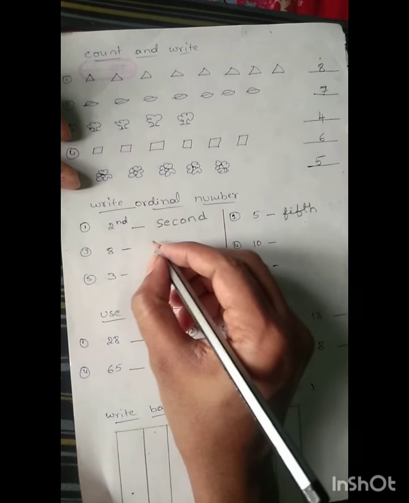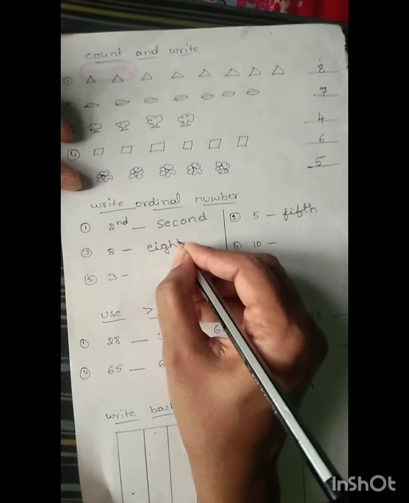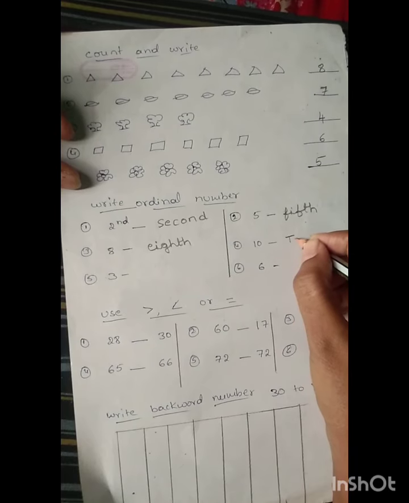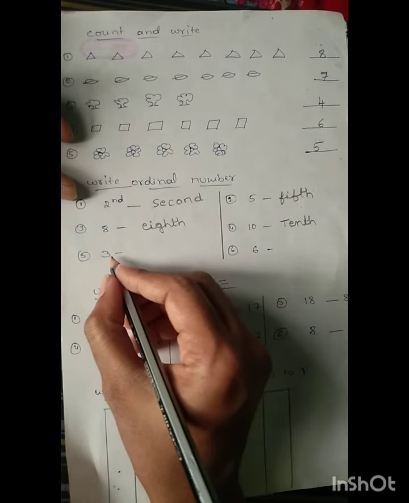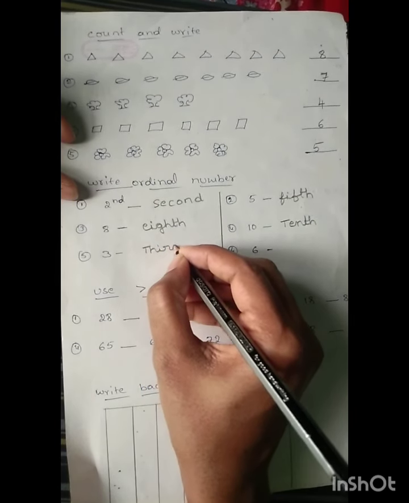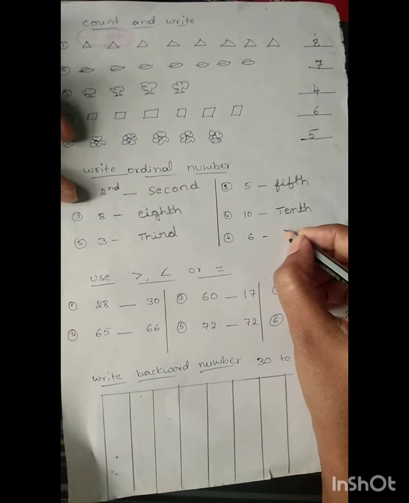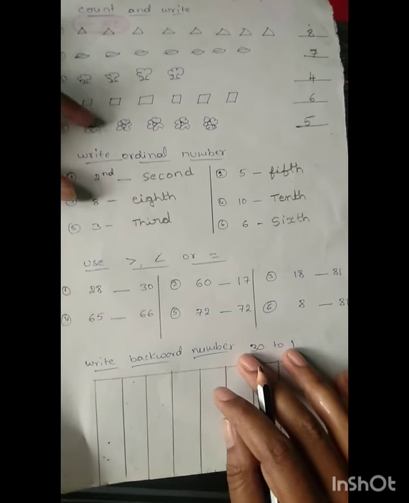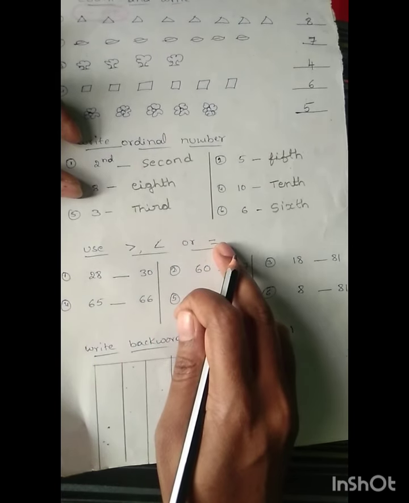The ordinal number is eighth: E-I-G-H-T-H, eighth. Next, 10. The ordinal number is tenth: T-E-N-T-H, tenth. Next, 3. The ordinal number is third: T-H-I-R-D, third. Next, 6: S-I-X-T-H, sixth.